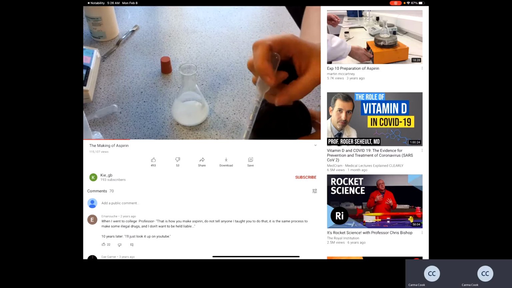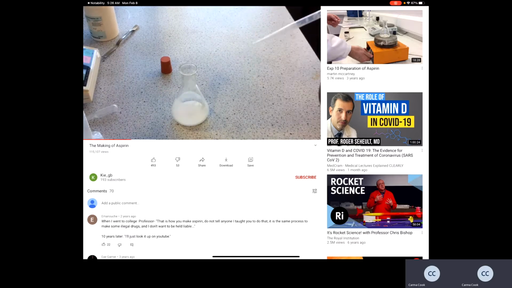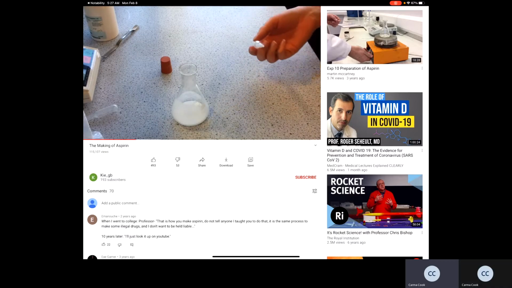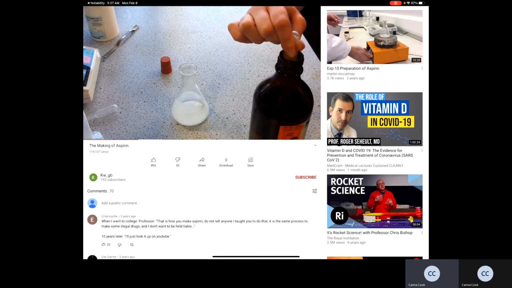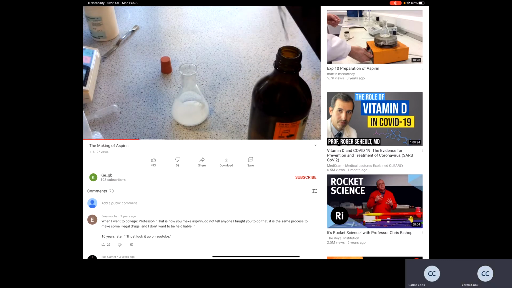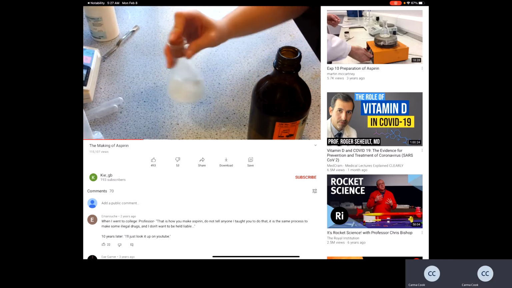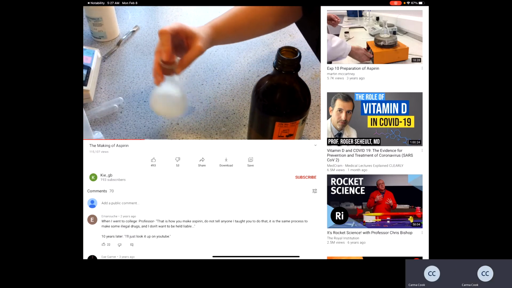And then to make the reaction go fast, she's going to add her acid catalyst. And she's just adding several drops of the acid as a catalyst and then mixing.